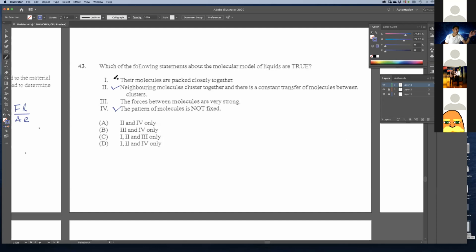But if you look at ice, ice shrinks by a small amount, some small fraction like 1/10. So the molecules in a liquid are still closely packed. So I will accept this as possibly an answer. This is true. And this is also an acceptable answer, D.